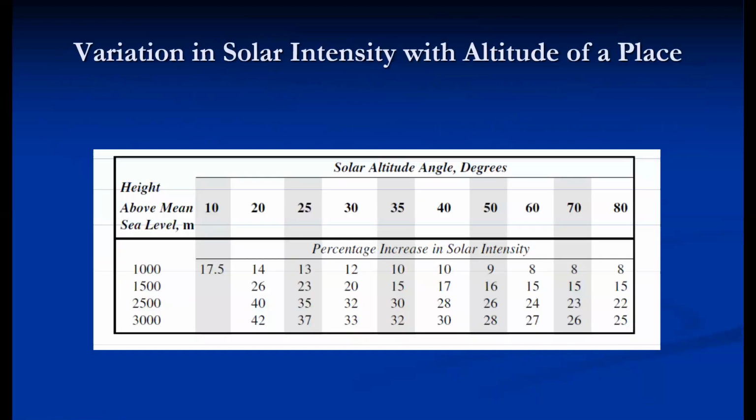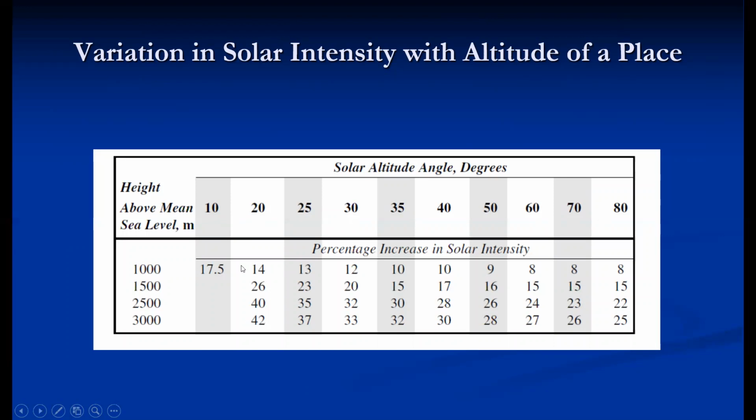Next, the variation in solar intensity with altitude or angle. So solar intensity also varies with altitude or angle. As the altitude increases, solar intensity increases. So you can say for a particular angle, solar intensity increases with increasing altitude, and the solar intensity also decreases with increasing angle.